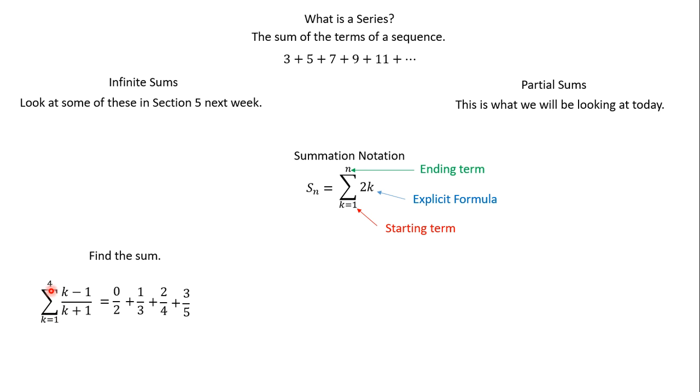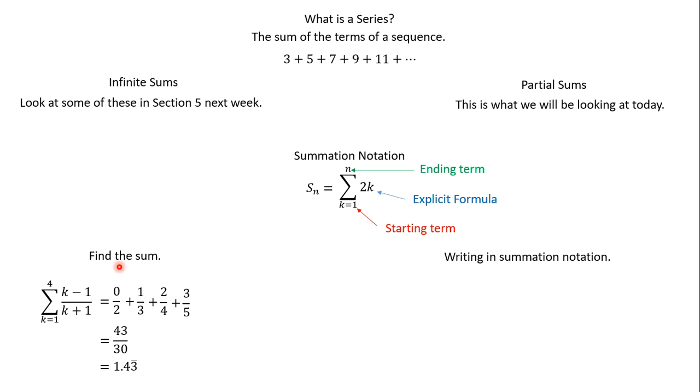We're going from 1 to 4. Then we just have to add these numbers together. Well, this one's 0, so that's easy. 1/3 plus 1/2 plus 3/5 is 43/30, or probably 1.43 repeating, is my guess how you would write that. But we just find the sum, and we just add them together. And so that's all it is for finding the sum.